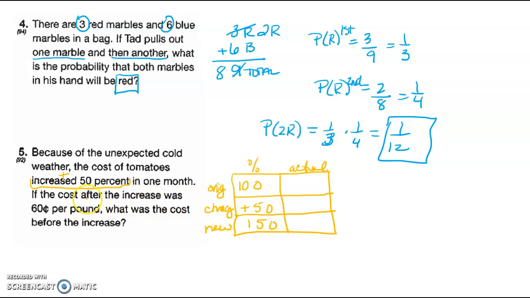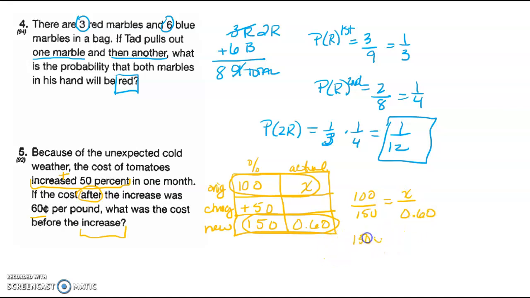If the cost after the increase was 60 cents per pound, what was the cost before? So the new cost is 60 cents per pound. I want to know what the old cost was. So I'm going to take this line and this line, and I'm going to make my proportion. 100 over 150 is equal to x over 60.